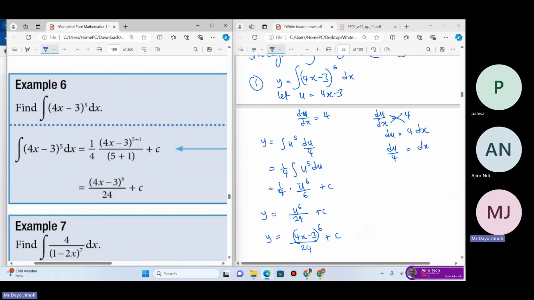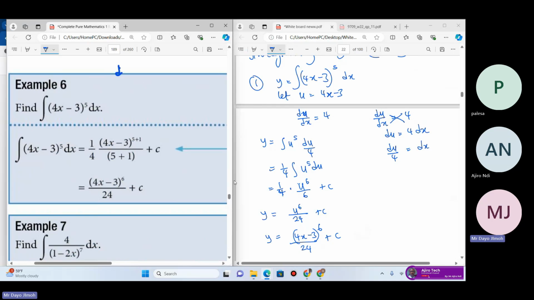Now, what they did, they integrated it by saying that the bracket is 4x minus 3, right? The derivative of the bracket is 4, isn't it?